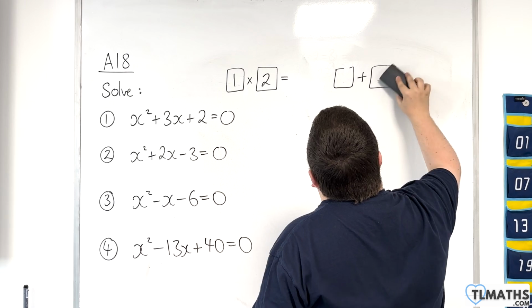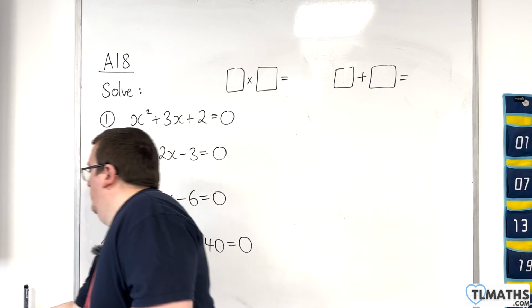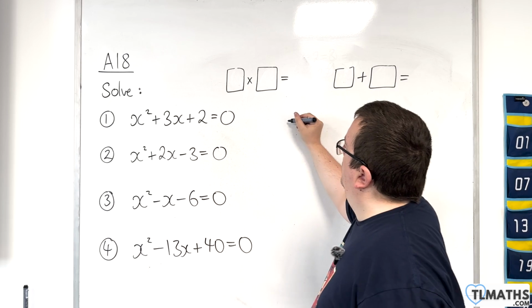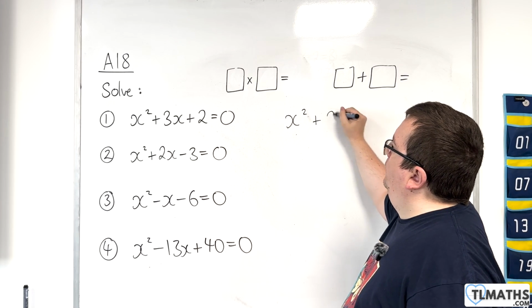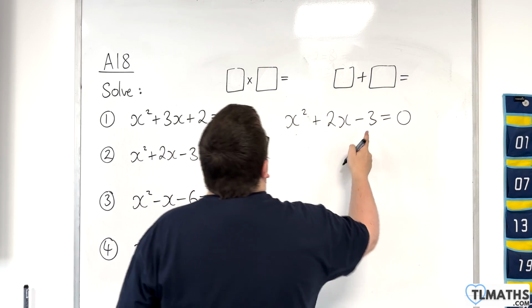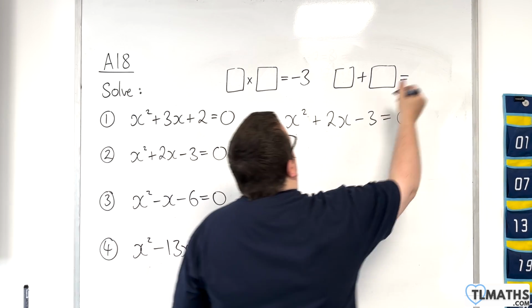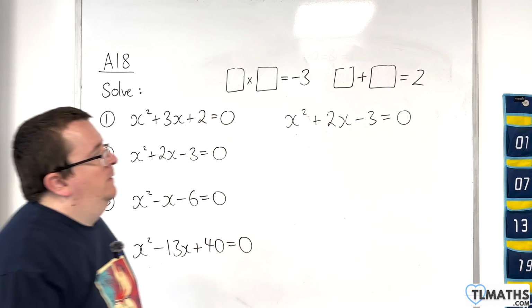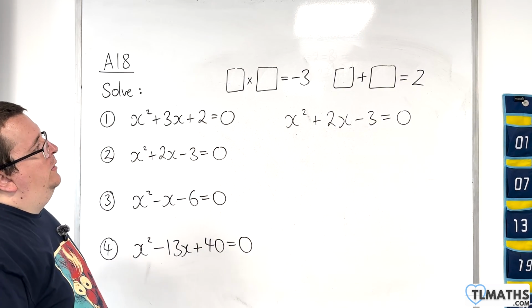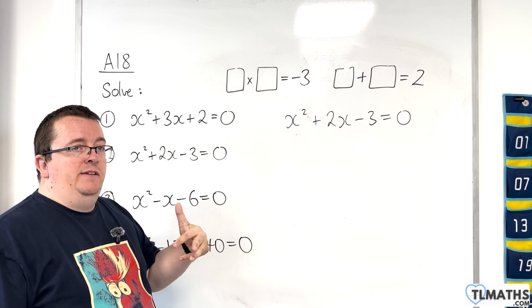So if we do something similar for number 2, x squared plus 2x take away 3 is 0. We're looking for 2 numbers that multiply together to make minus 3, but add together to make 2. Okay? So if they multiply together to make minus 3, one of them has to be positive, one has to be negative.